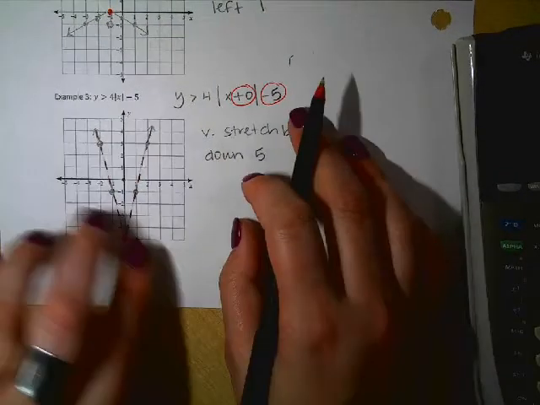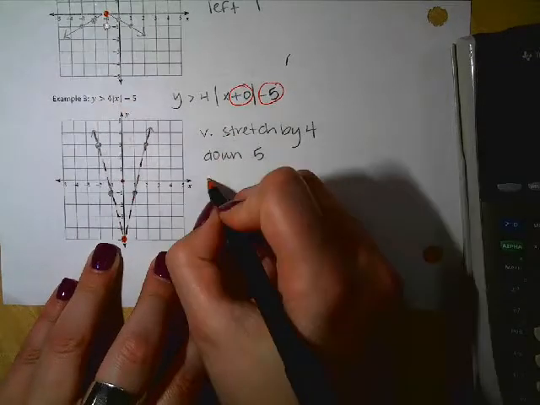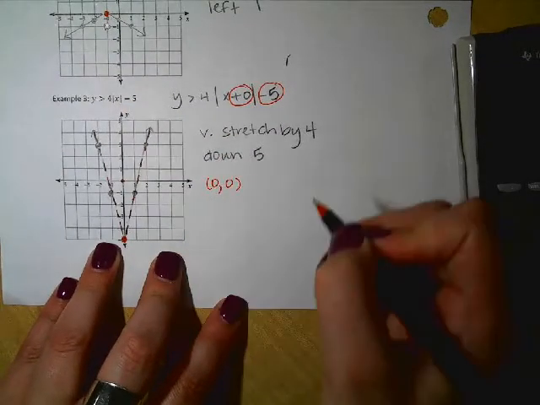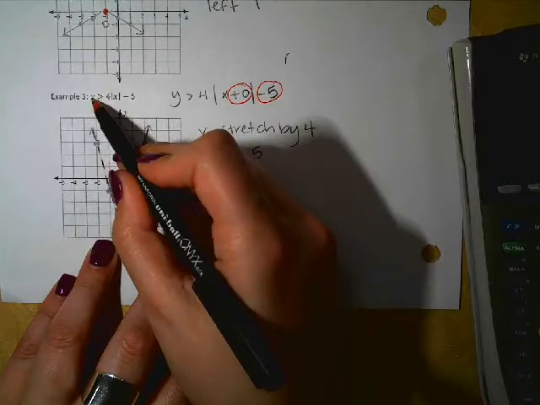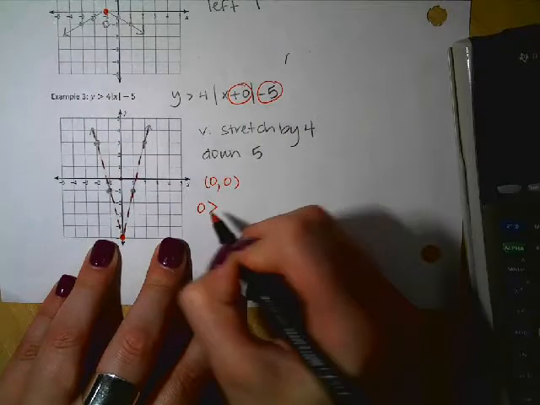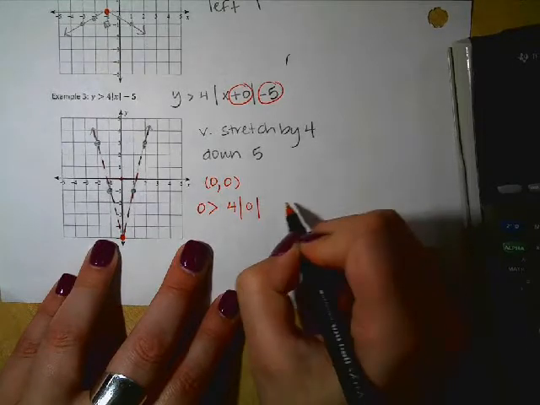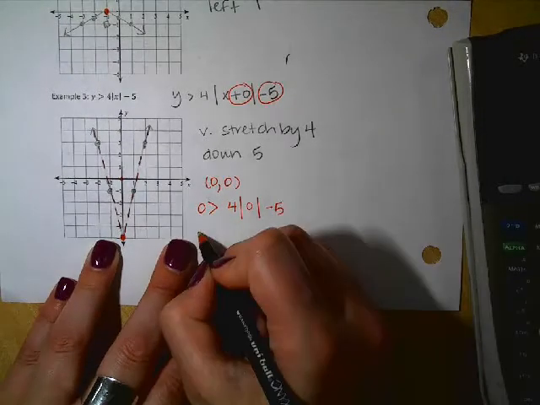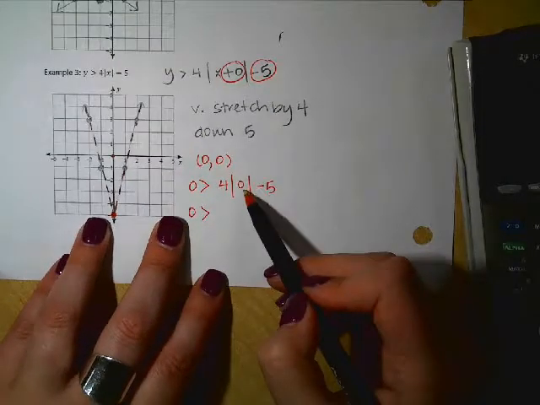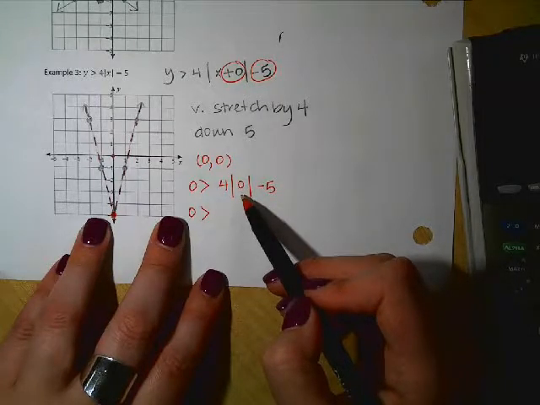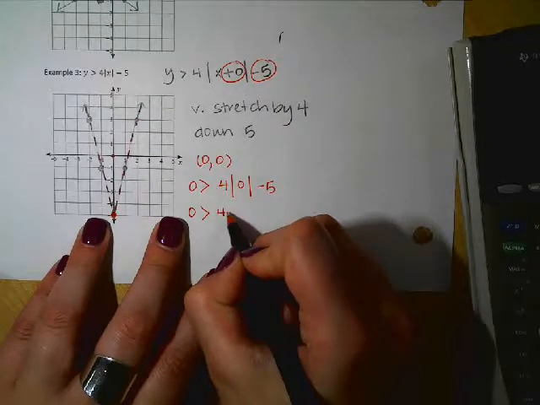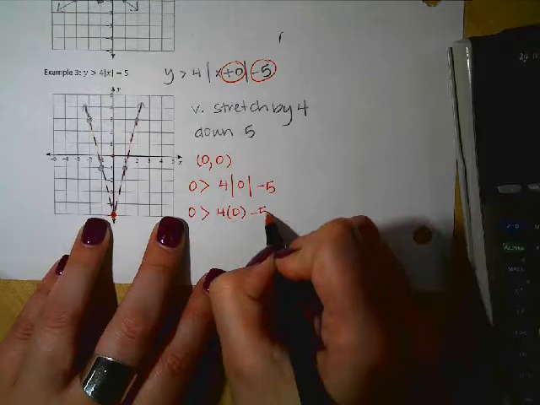Okay? All right, so we're going to plug it in. We've got 0 for x and 0 for y. So I'll put the 0 in for y. That gives me 0 is greater than 4 times the absolute value of 0 minus 5. What is the absolute value of 0? 0. Okay, so we've got 4 times 0 minus 5.